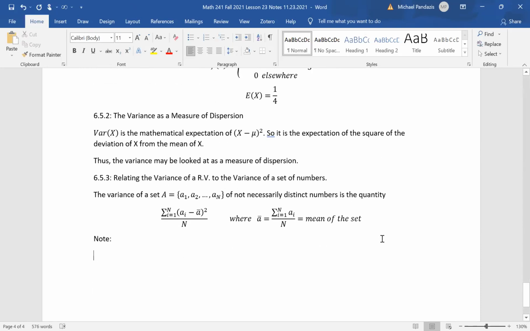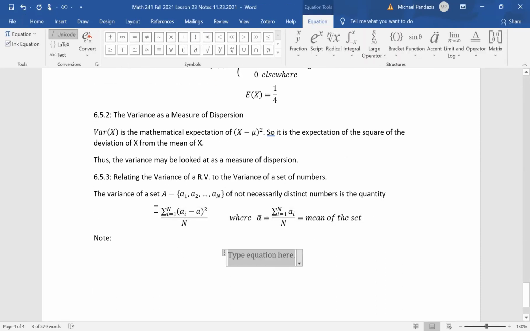Okay, so note that after some calculations, you can get that this quantity is equal to, in the numerator, you could expand out the numerator. So instead of (A_i minus A bar) squared, you could expand that. You could get A_i squared minus 2 A_i A bar plus A bar squared.